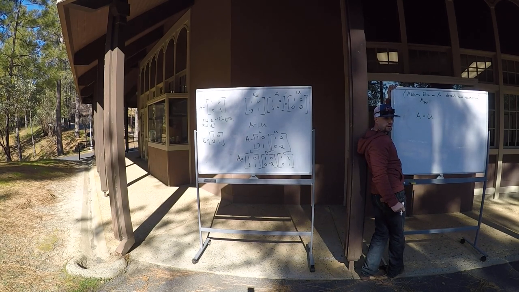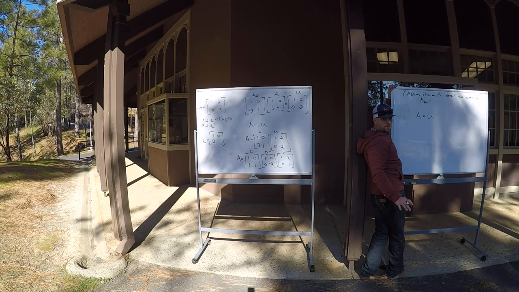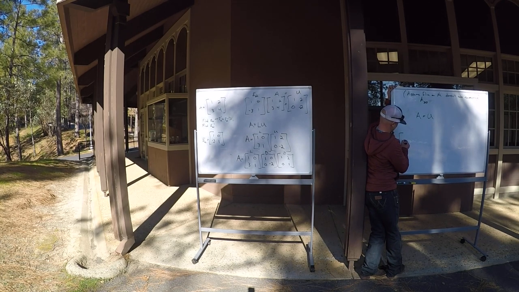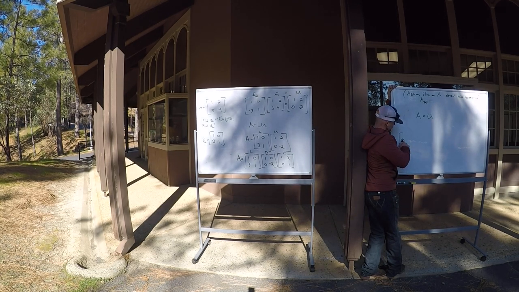When we do elimination, what do we start with? Got a 3x3 matrix, right? I want to start with either this one or this one, and then get that one. So these are priority 1 and 2.